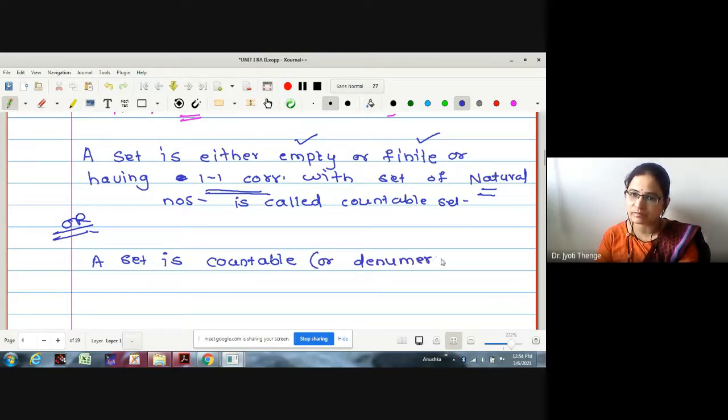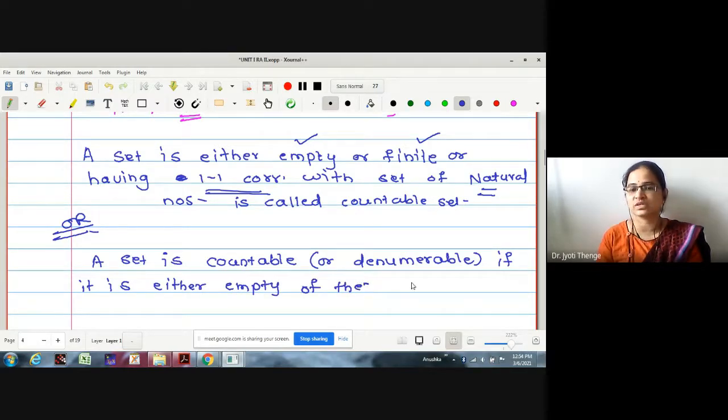A set is countable or denumerable if it is either empty or the range of a sequence. Now let us check whether the two definitions are same or not. What do you think? Same or different?